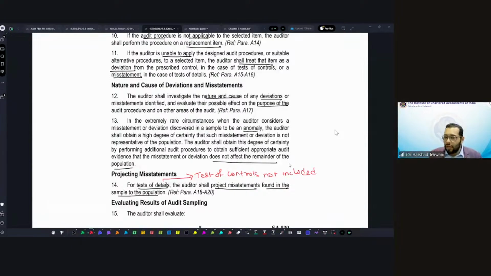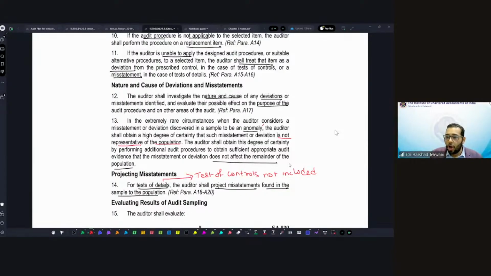Second, anomaly also not included, because an anomaly does not represent the population. When I talk about an anomaly, that says it is not representative of the population.